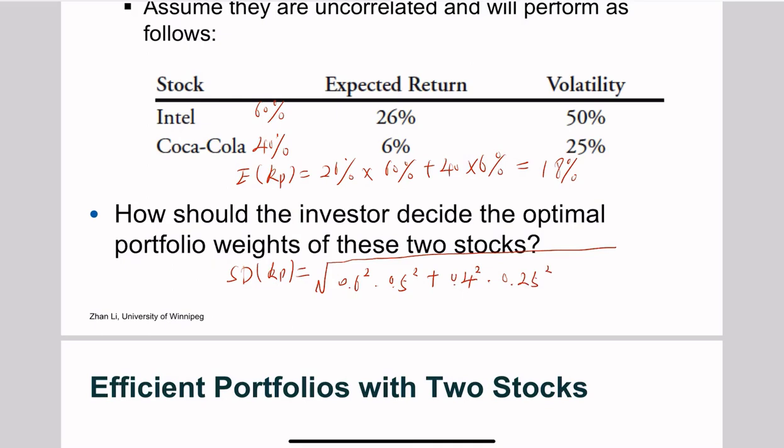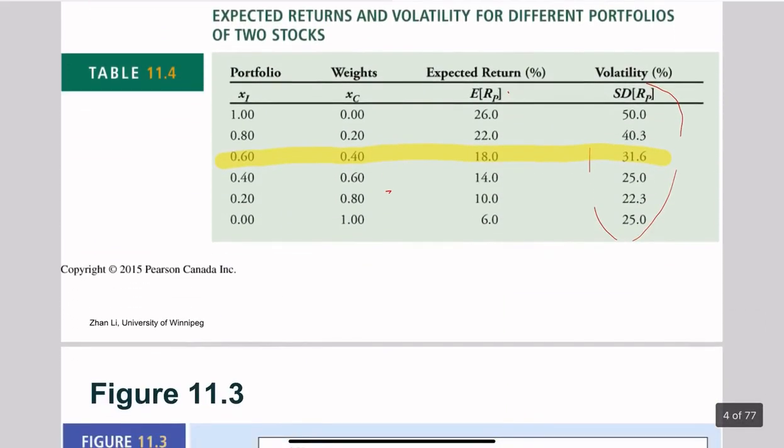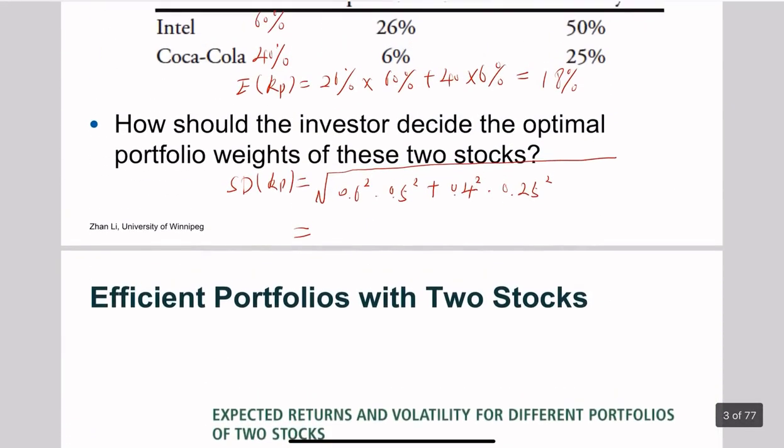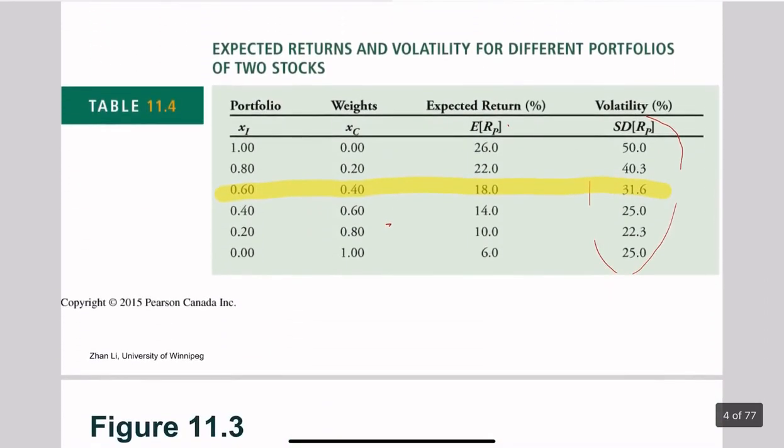And we know that these two stocks are uncorrelated, so we don't need covariance here. And this gives us 31.6%, right? So what I'm trying to show you here is, given the weights, you could calculate expected return and the volatility for different weights.